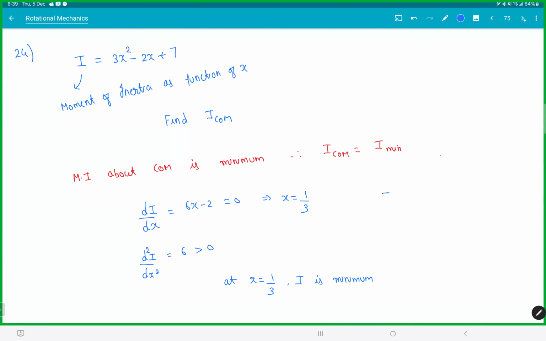So substitute there. Therefore, I center of mass will be 3 into 1 by 3 square minus 2 into 1 by 3 plus 7, 20 by 3. Easy?